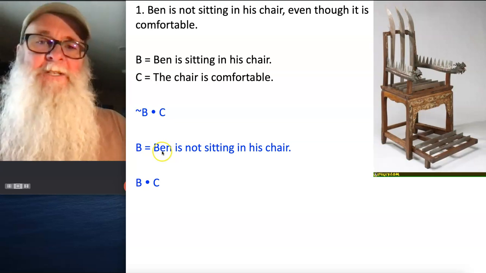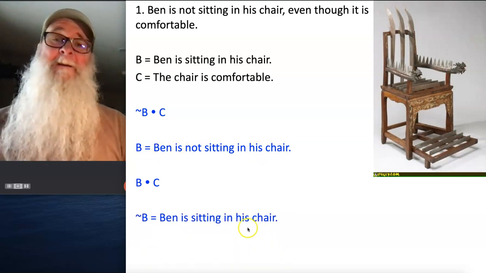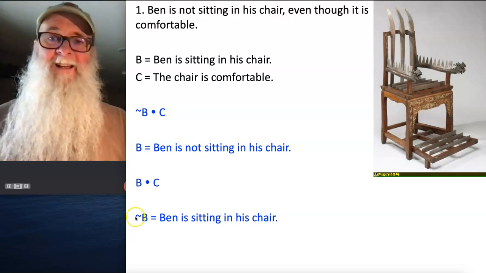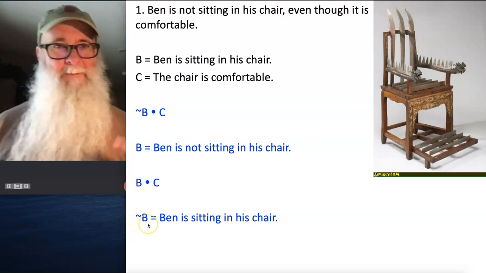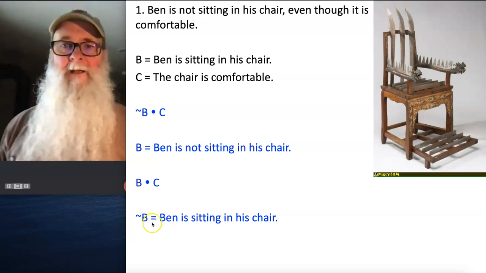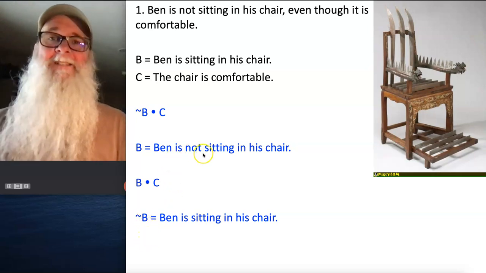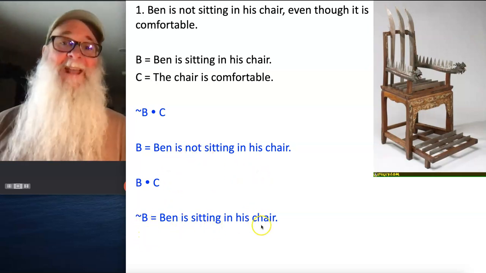So if I want to represent Ben is not sitting in his chair with the letter B, and then later on I want to represent the statement Ben is sitting in his chair, I'm going to have to say tilde B. It's going to be this weird kind of double negation because that tilde says it is not the case. So tilde B in this situation says it is not the case that Ben is not sitting in his chair. In other words, Ben is sitting in his chair.